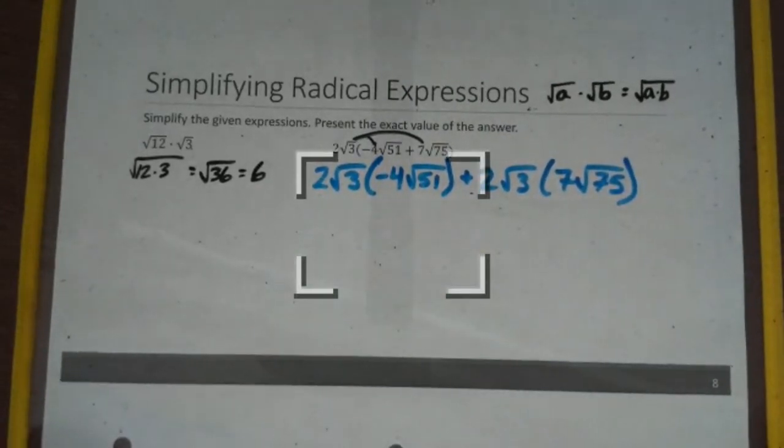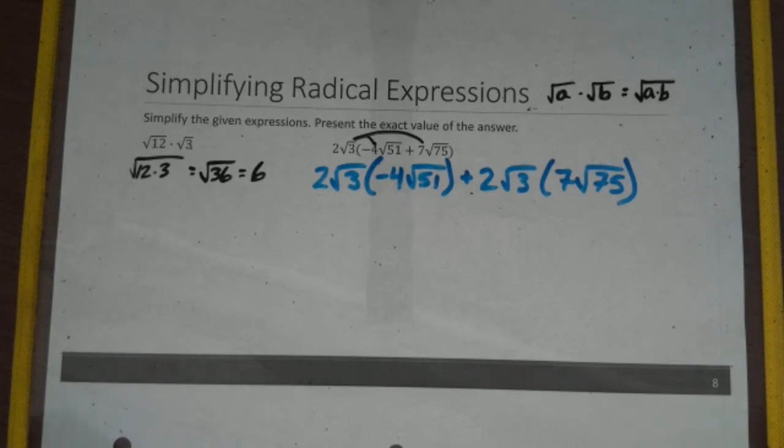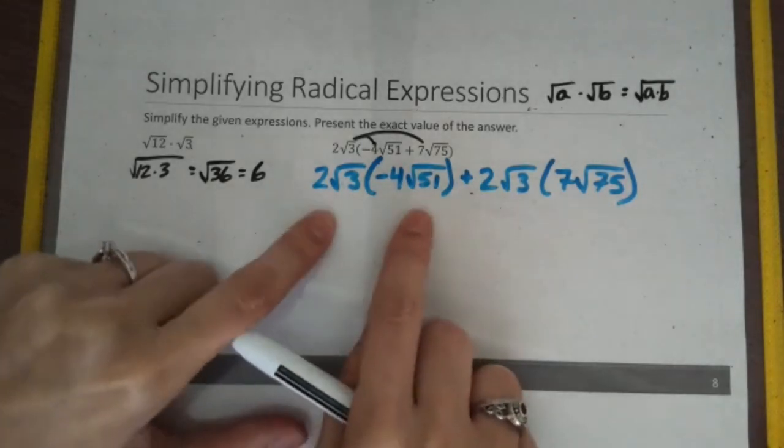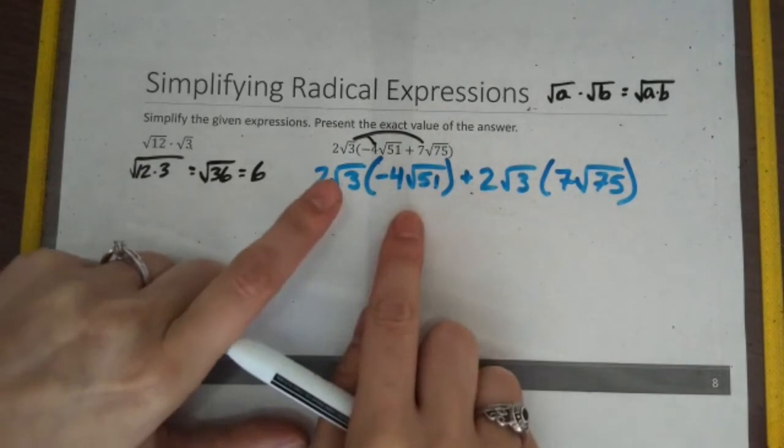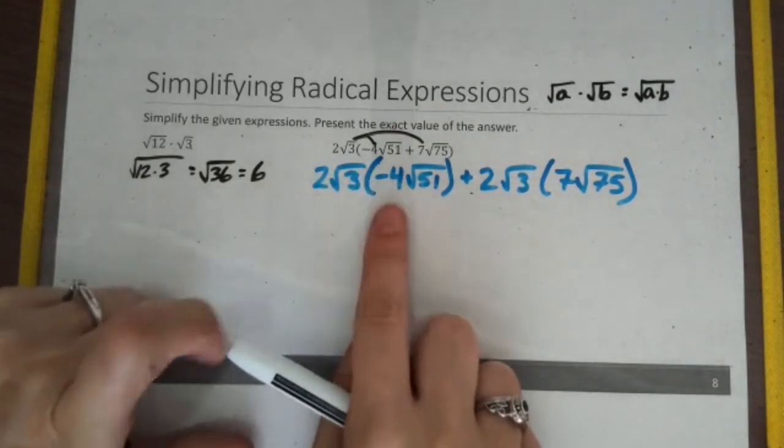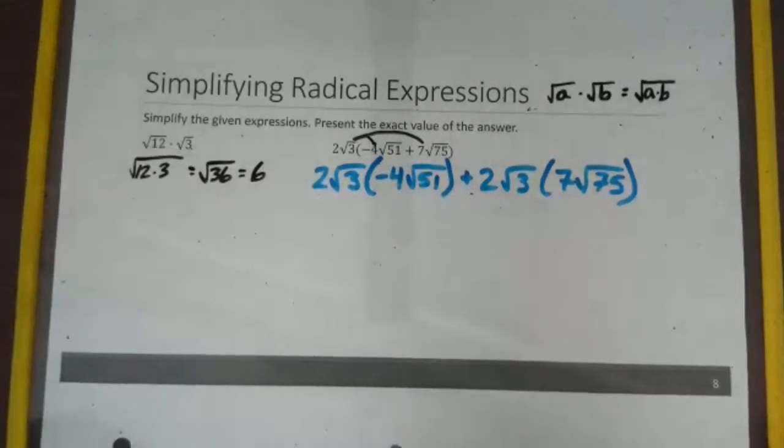Now, some really interesting properties hold when we are adding and multiplying, and one of those is the commutative property of multiplication. And what that says is it doesn't matter what order I multiply things in. So if I look just at this first term, I have 2 times the square root of 3 times negative 4 times the square root of 51.